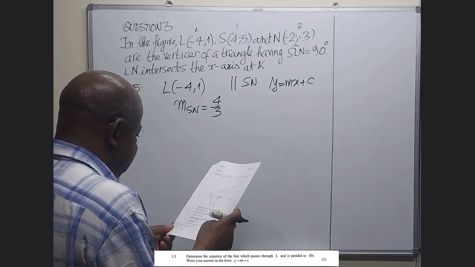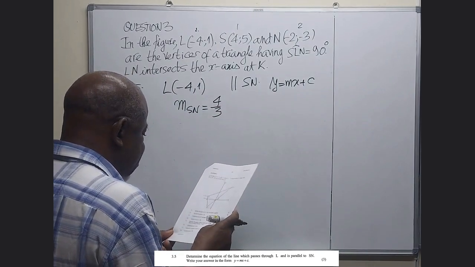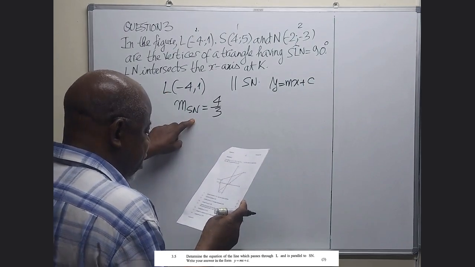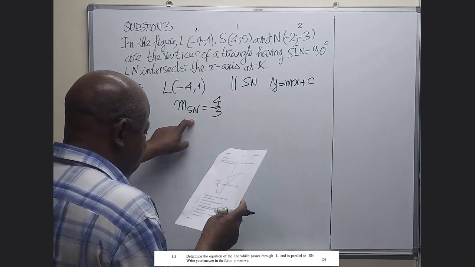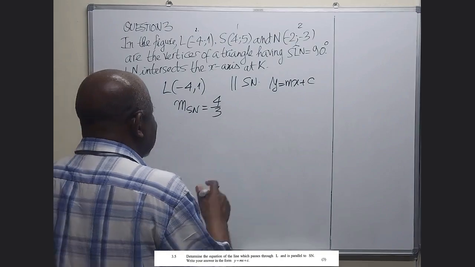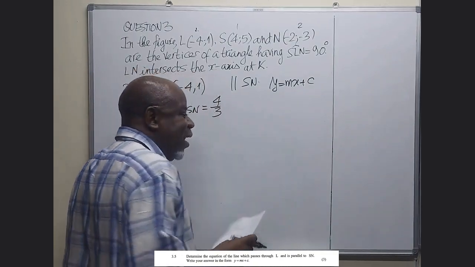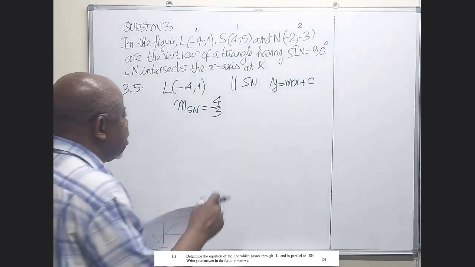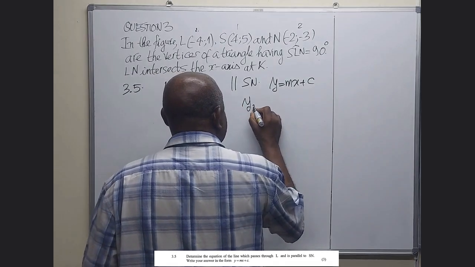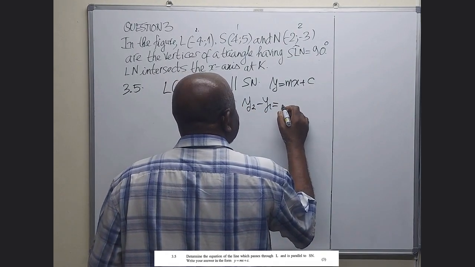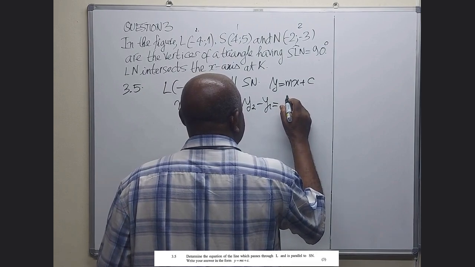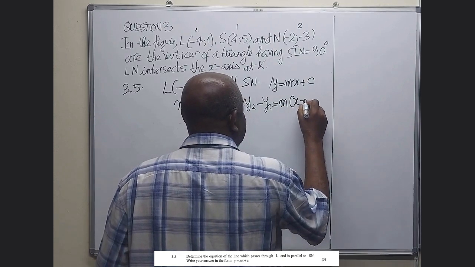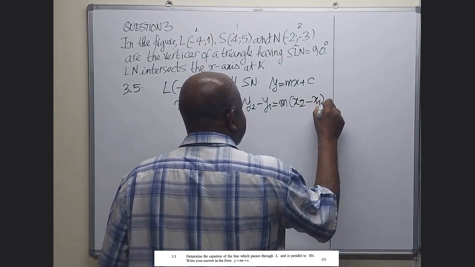So to get the equation of the line which is going to pass through L and be parallel to the line SN, we're going to use the equation of a line passing through a point knowing its gradient. That equation is y2 minus y1 is equal to the gradient times x2 minus x1.